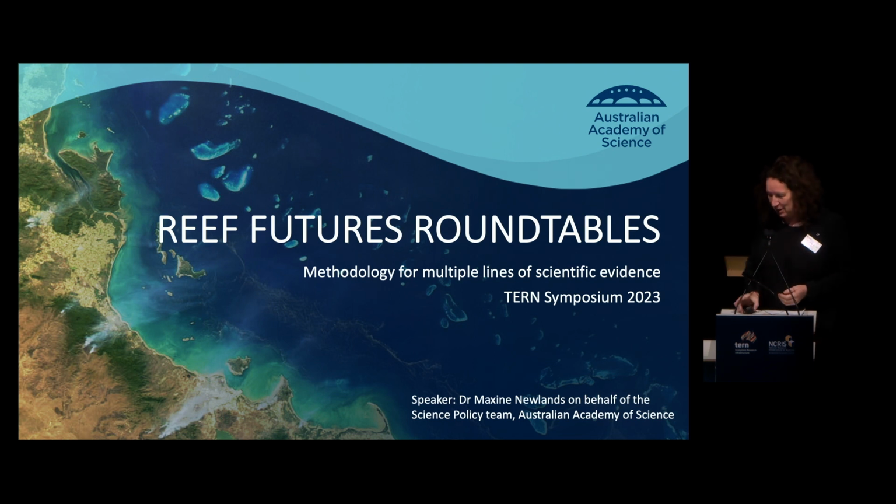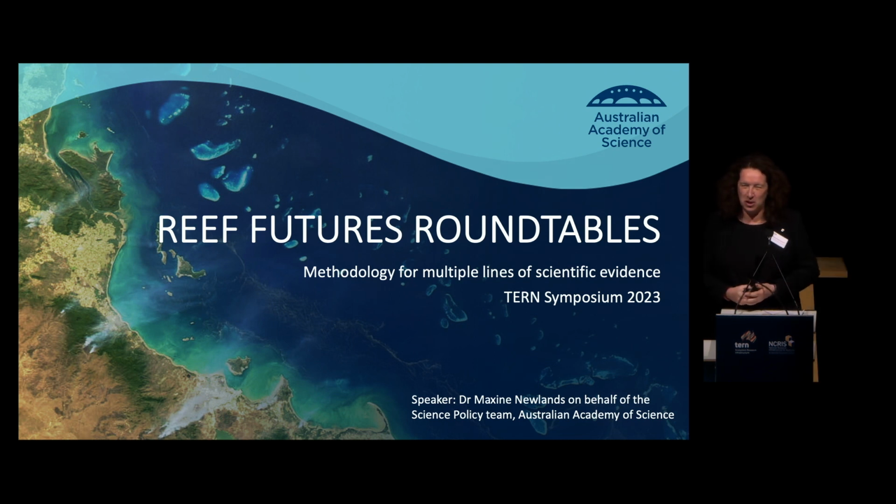Today, I am here to talk about a project that we ran on behalf of DQ. The Academy were asked, well, the Minister was basically wanting to look at the reef and the future of the reef, particularly, and that's the Great Barrier Reef, I should be clear. In particular, going forward in light of climate change and lots of local stresses and lots of components which are impacting on the reef.